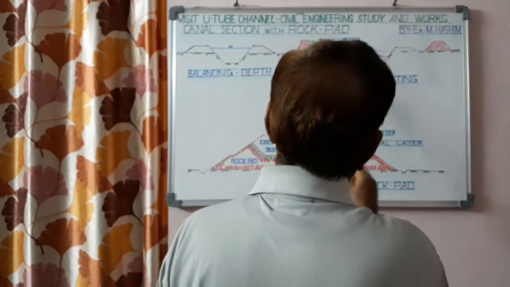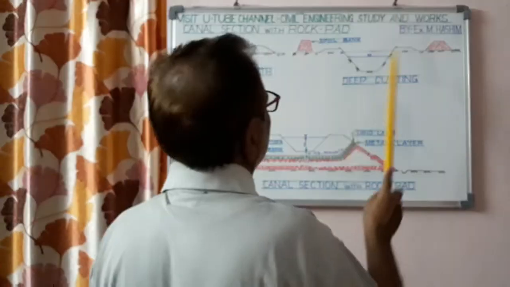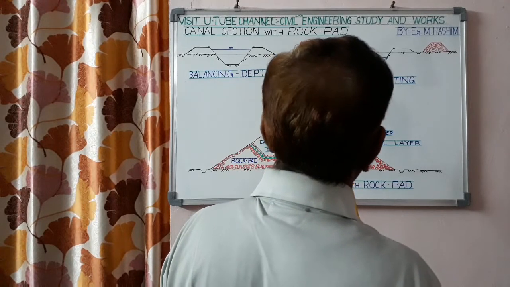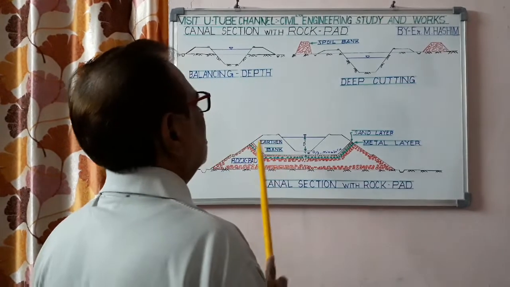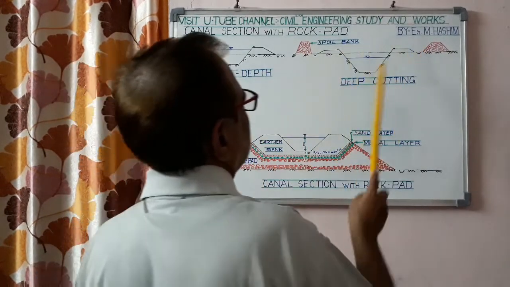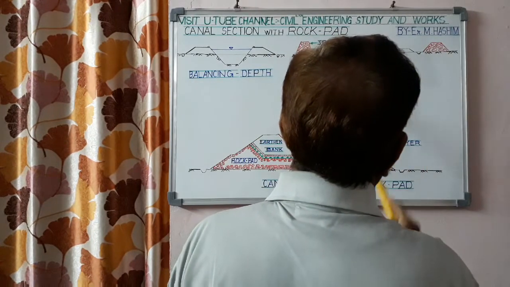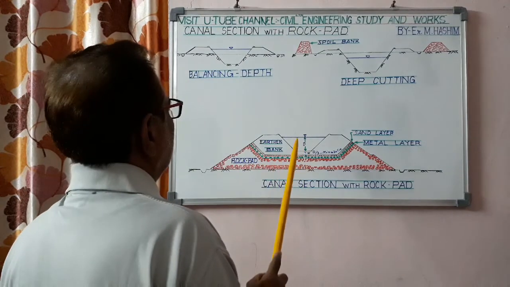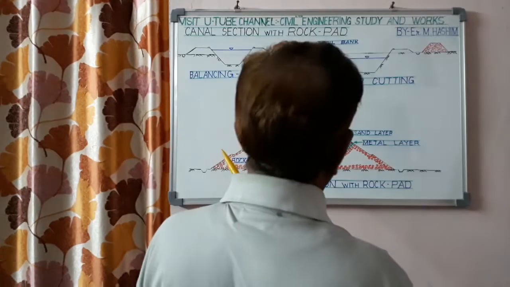This will require additional land acquisition, which increases the cost of canal construction. So if somehow we utilize this rock obtained from the deep cutting section, then this additional land acquisition can be avoided.